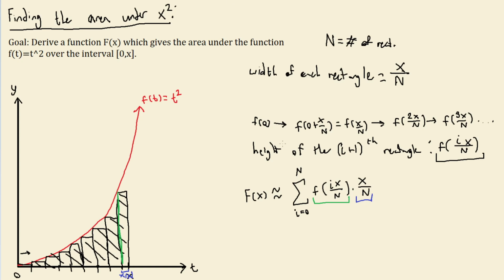And so when you multiply these two quantities together, what you're getting is the area of each one of these little rectangles here. And so if we take the sum of all of these from 0 all the way to the amount of rectangles that we have, what we're going to get is the total area of all of these different rectangles, and that's approximately equal to the function that we want, which gives us the area under this curve t squared over some interval from 0 to x.